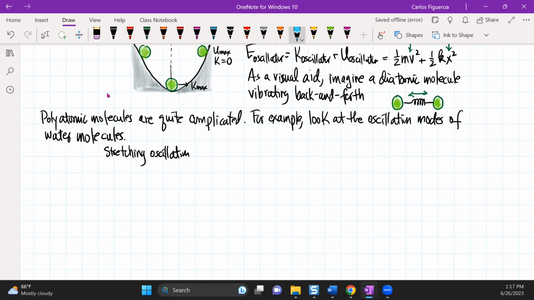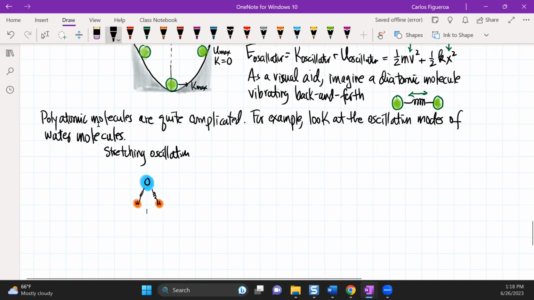So if I think about water, I imagine that this is my oxygen. And when I look at this, I have 2 hydrogens. And what I'm going to do with these hydrogens here is imagine that they're on springs. So guess what?